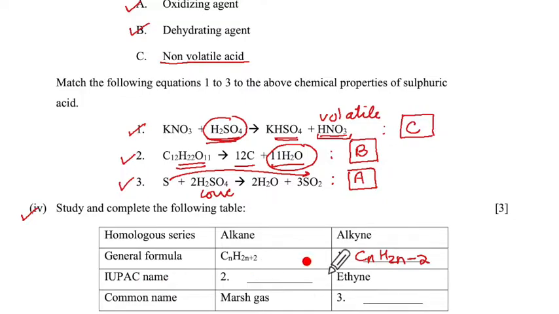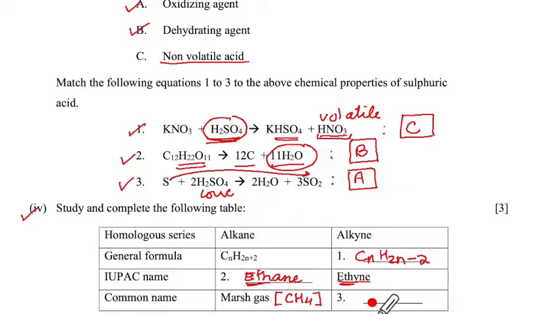IUPAC name when an alkyne is ethyne, corresponding alkane is going to be ethane. Because ethyne has eth, which is 2 carbons, so this also will have eth, which is 2 carbons. Only thing is that instead of yne, which is a triple bond, here it will be ane, which is single bond for the alkane. Common name marsh gas, this is going to be CH4.